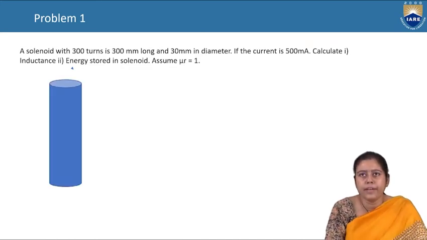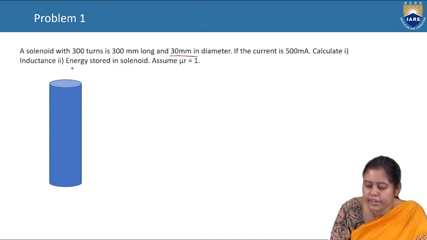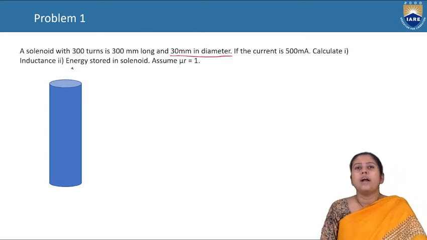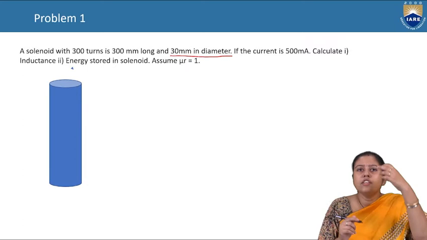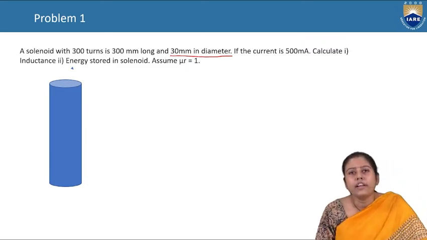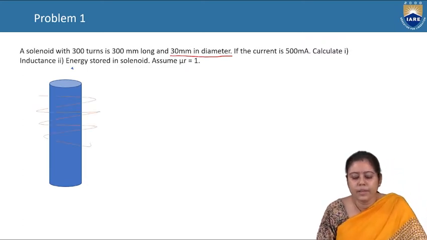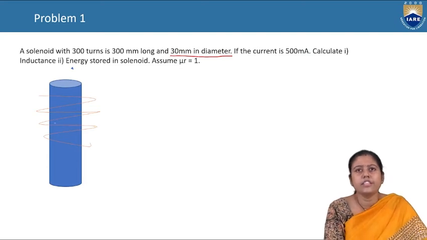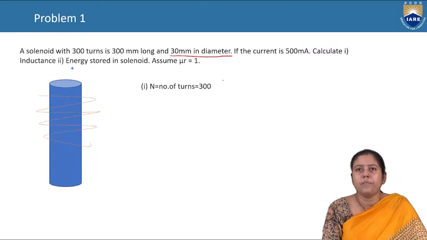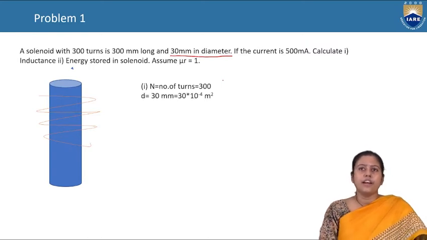Here the diameter is given. What does it mean? The bar looks like a solid cylinder, and we are giving some winding on it like this. The number of turns is given as 300.